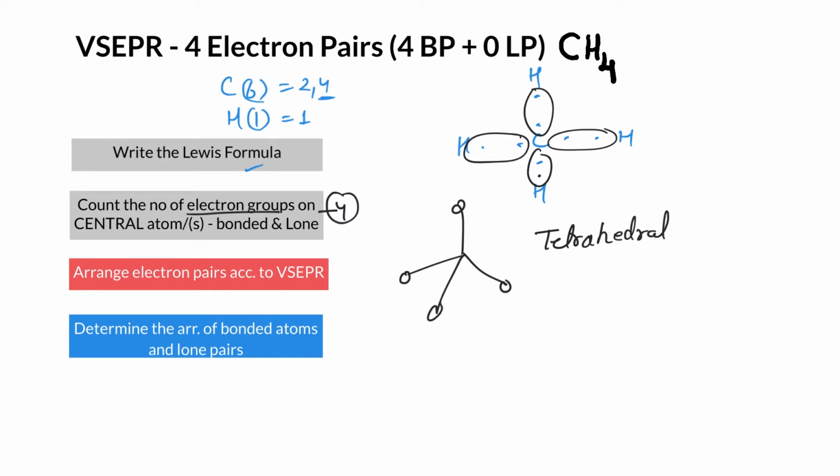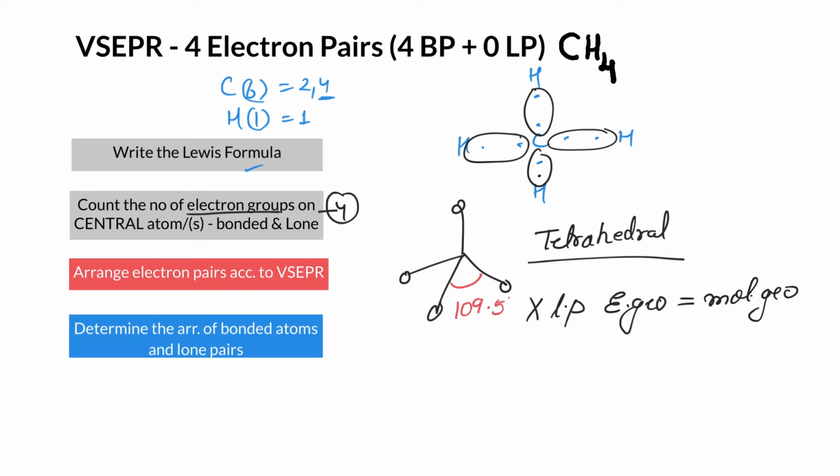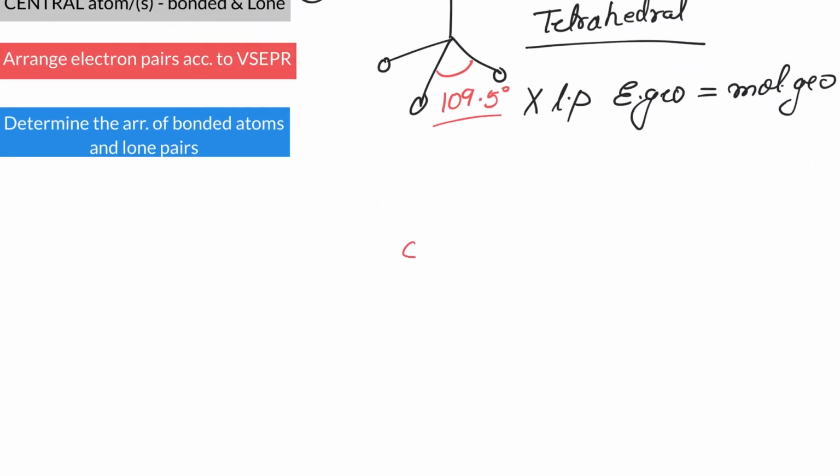Now the next problem is to determine the arrangement of bonded atoms. We read in the last video that since there are no lone pairs, the electronic geometry is going to be the same as the molecular geometry. Hence it would be tetrahedral. Now let's talk about bond angles, and that would be 109.5 degrees. Talking about polarity, we can expect a little bit of difference here.